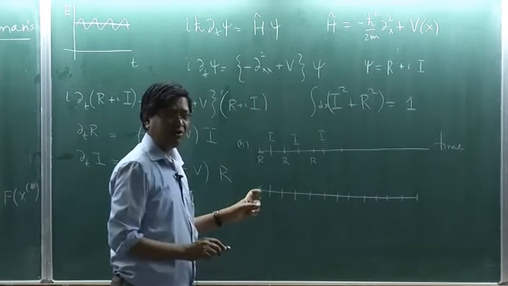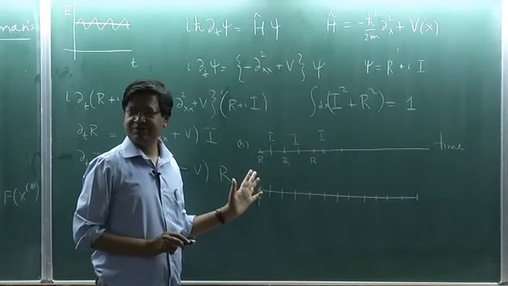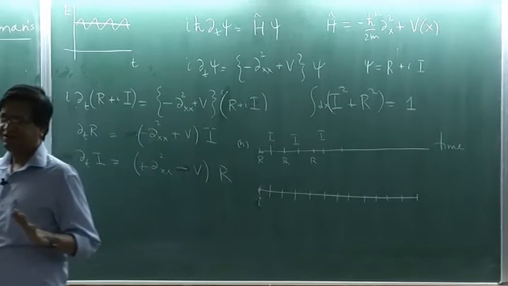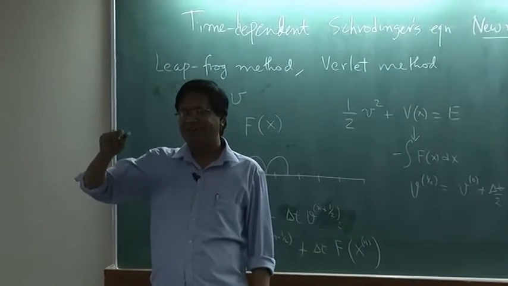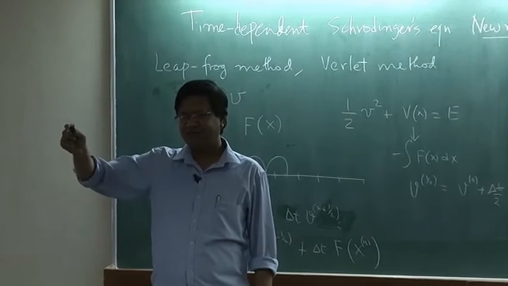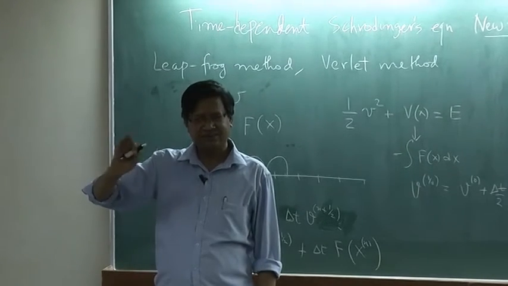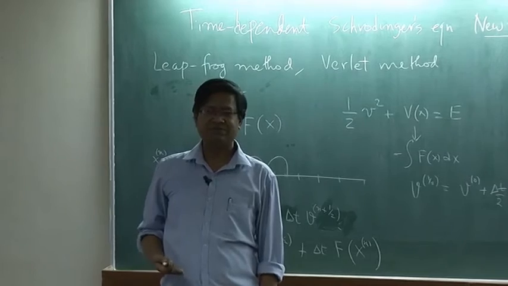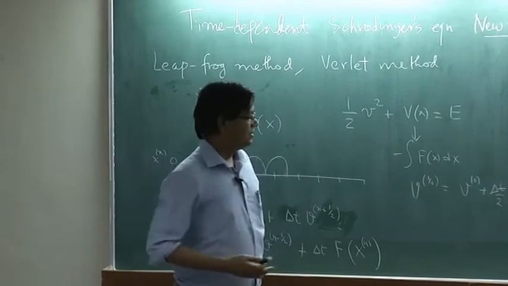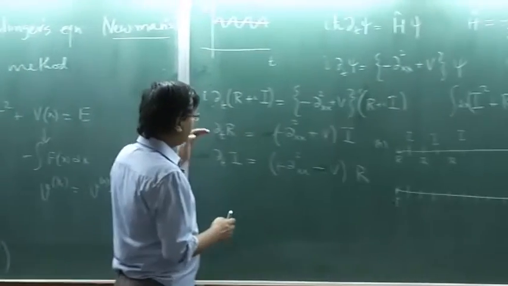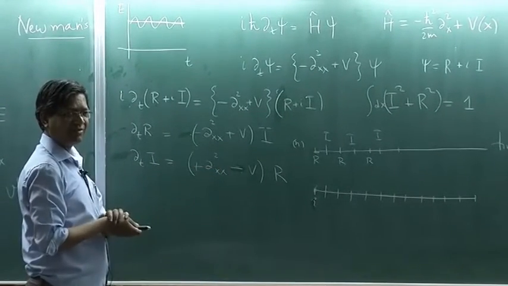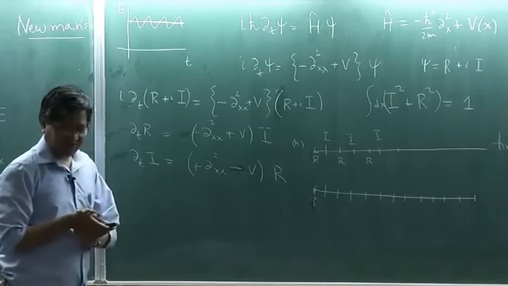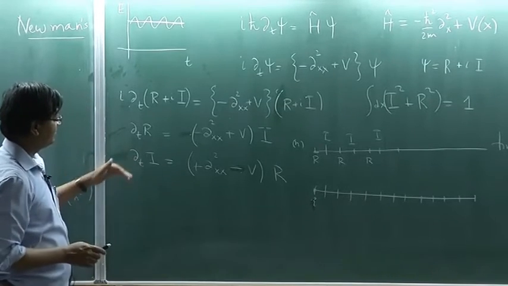So every i has real and imaginary. Fine. Exactly what we did for fluids, but for fluids I was staggering velocity and pressure, whereas here I don't stagger in space but stagger in time. So I am going to write this in terms of time staggering. The first is I will write for I.